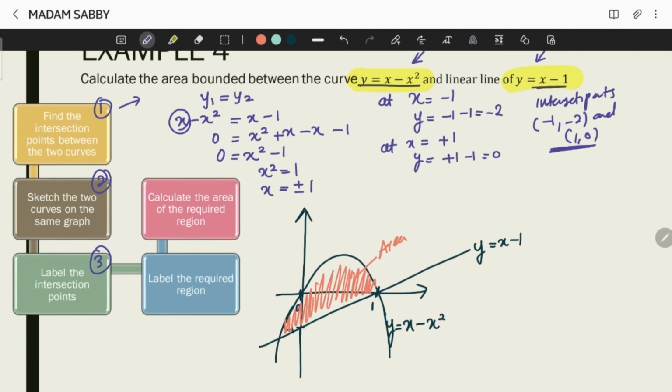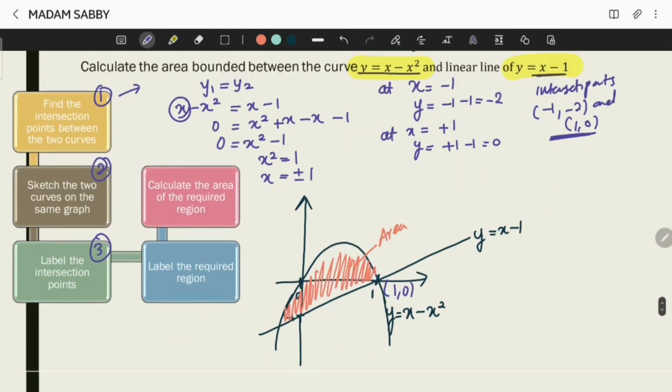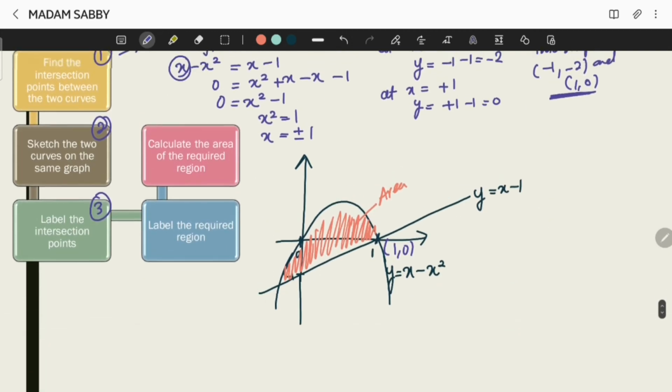Our intersection points are at 1, 0, and another one at negative 1, negative 2. We have already done the fourth step, which is to label the required region, and we can proceed to the final step, which is to calculate the area of the required region.